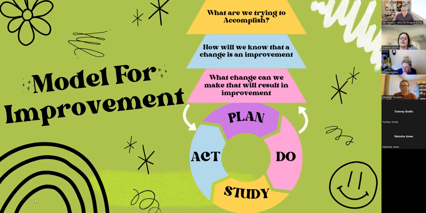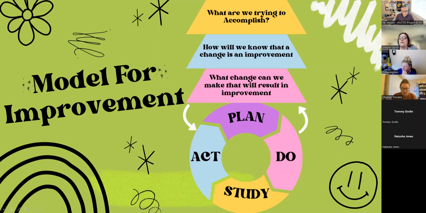Jay and Stacy, I think, are going to go more in detail on the ACT portion in a couple weeks. But as far as study, what are we trying to accomplish? That's like the main thing. And we'll look at the data for that.